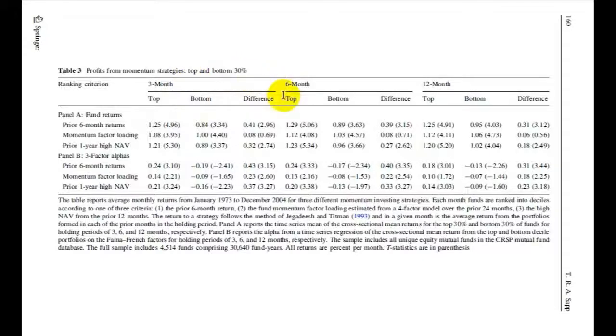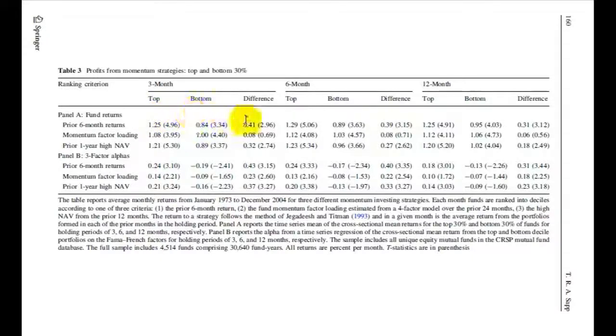And so the first thing to see is that now that we've moved away from the extreme cases, only the top and bottom 10%, to less extreme cases of these momentum sorting methods using 30% of the top and bottom, these differences in the returns are a bit less, as we would expect, than the ones from table 2.